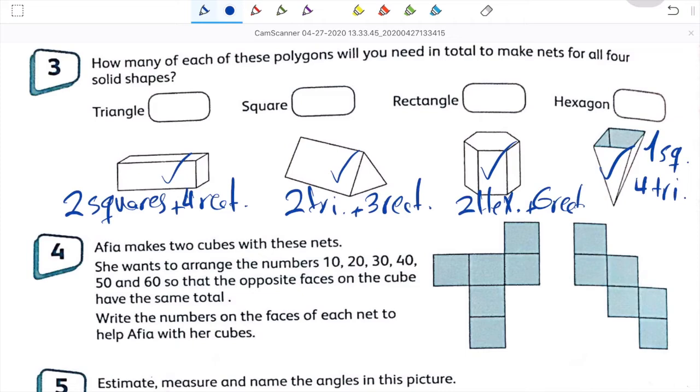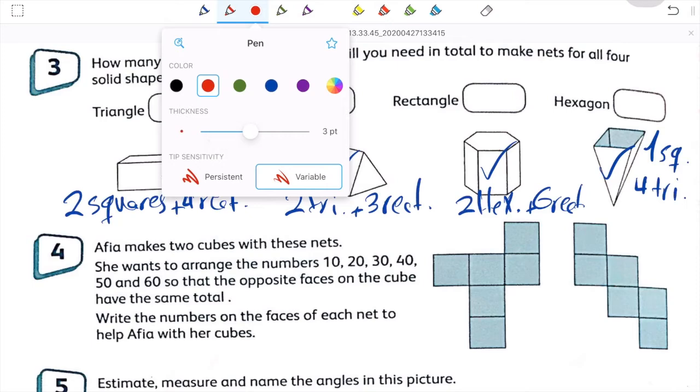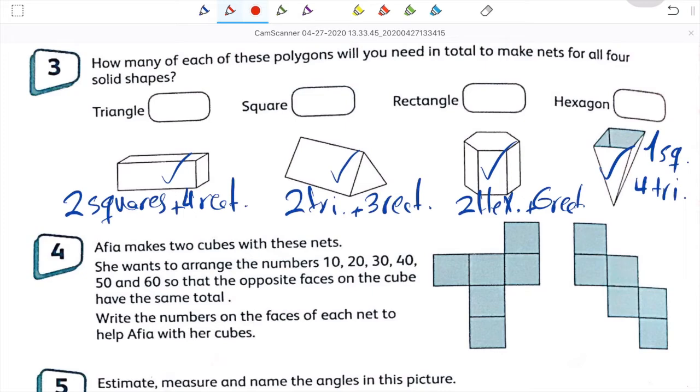Okay, now let's count the number of the triangles we have here. Let me adjust the pen. All right, about the triangles, we have 4 triangles here and 2 of them here. So all together, I'm going to have 6 triangles.